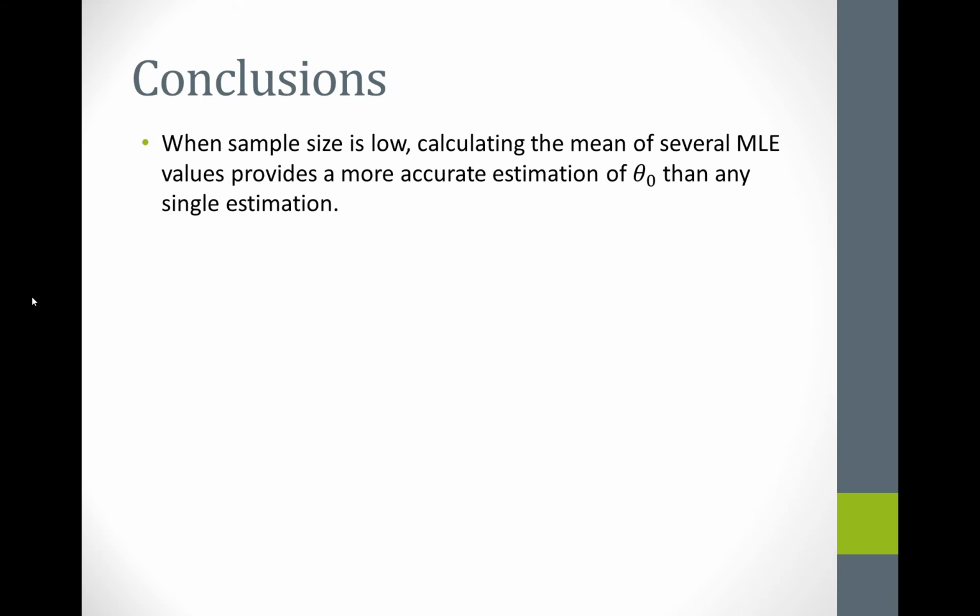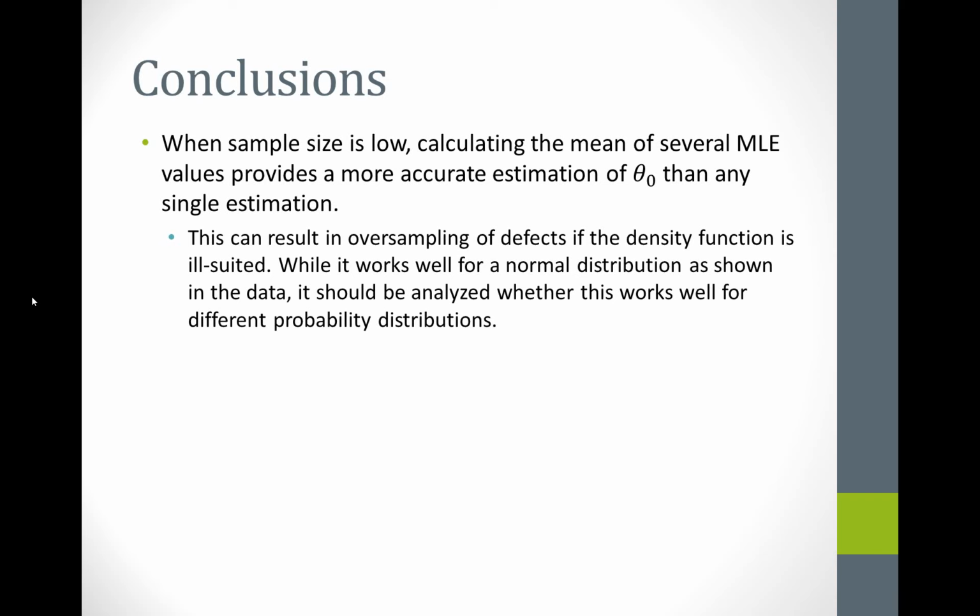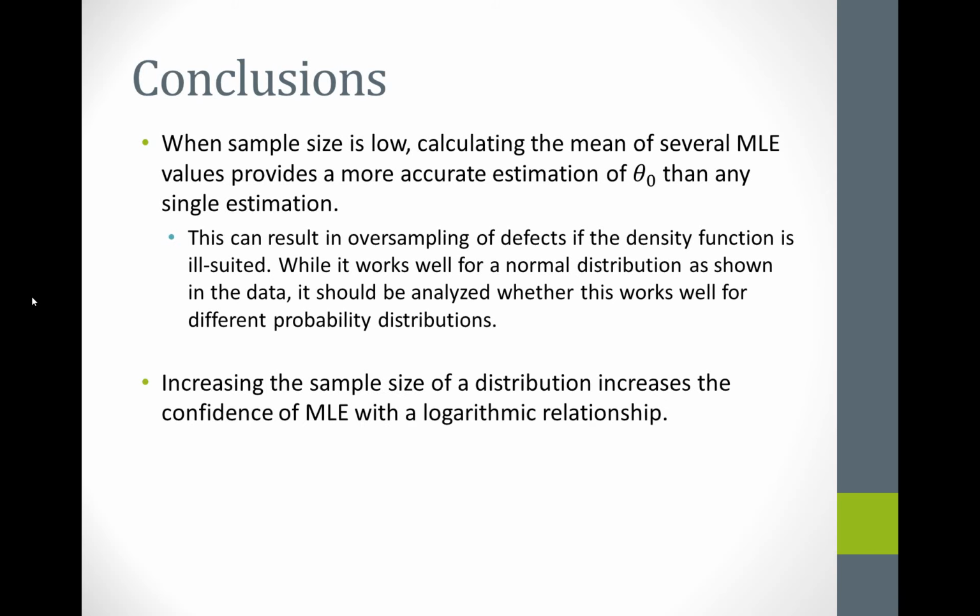But as mentioned earlier, that can result in oversampling of defects if the density function's bad. It works great for a normal distribution, and you can always apply it, but you need to take into account the fact that the probability distribution you're starting with may not be well suited for this sort of additional analysis.